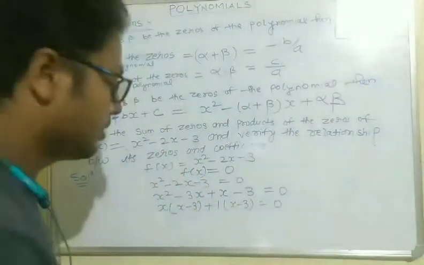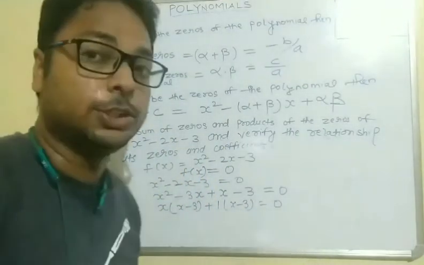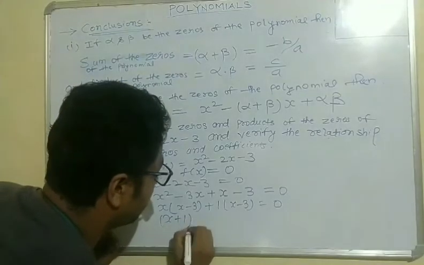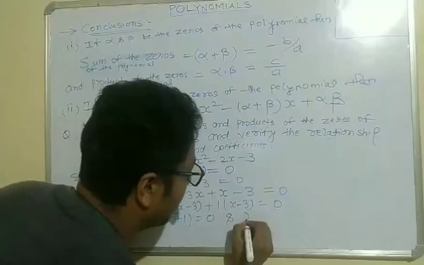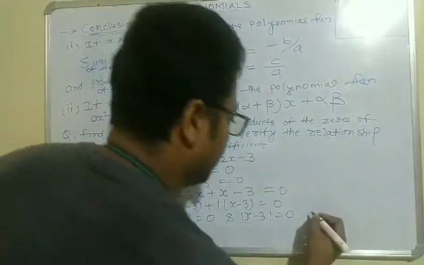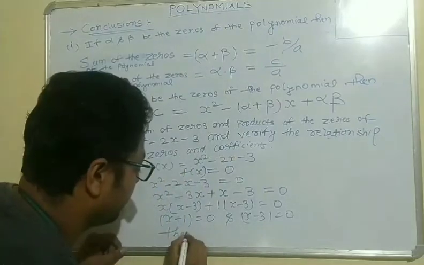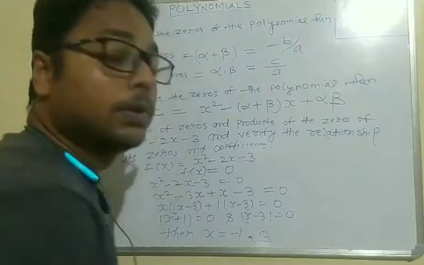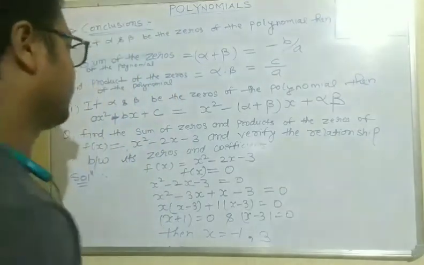Now compare with 0, because these are the zeros of the polynomial. It means that x plus 1 equal to 0 and x minus 3 equal to 0. Then x equal to minus 1 and x equal to 3.